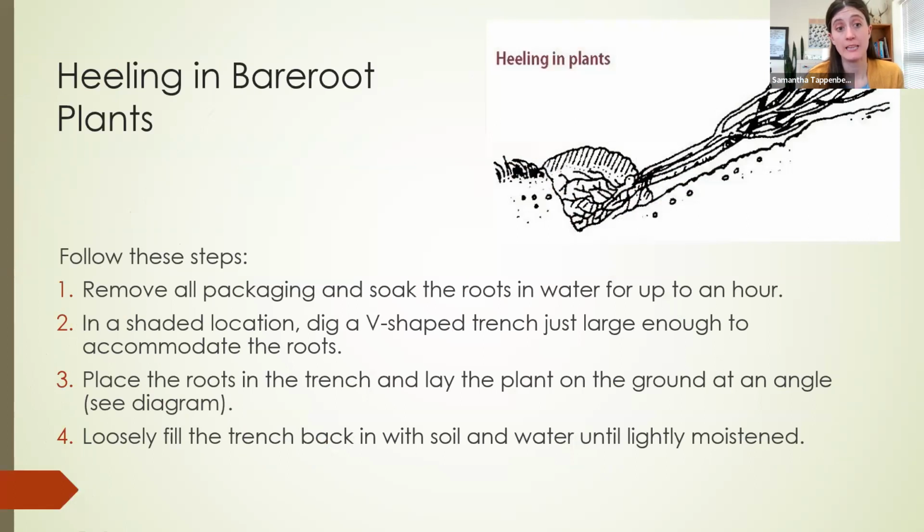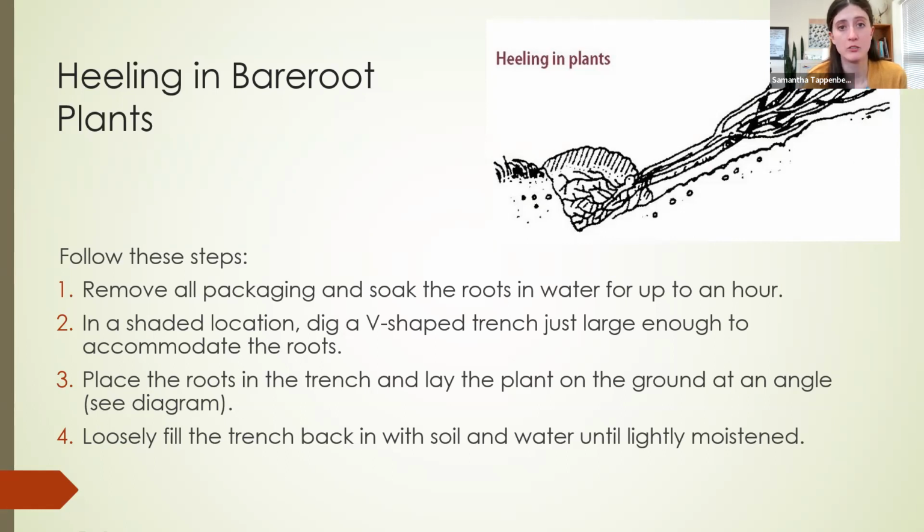So that being said, that's the recommendation from the nursery, specifically, with the bare root plants. I do recommend following that strategy because they really know what they're doing down at the nursery and they know their inventory and their plant stock very well.